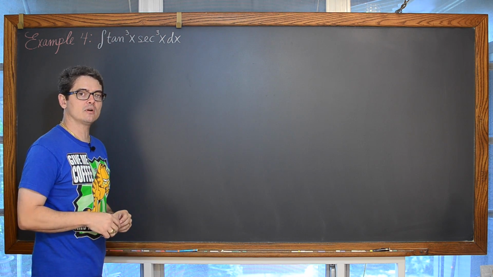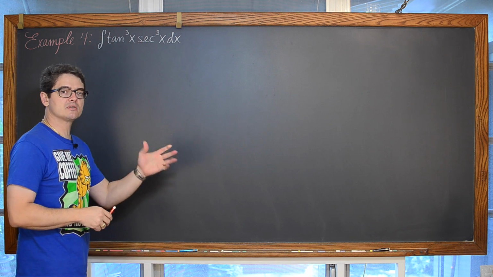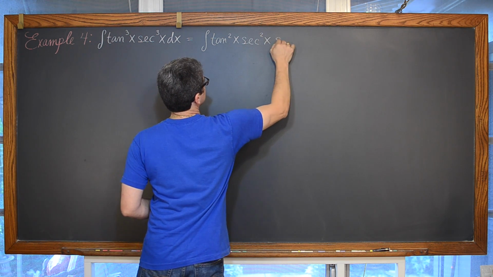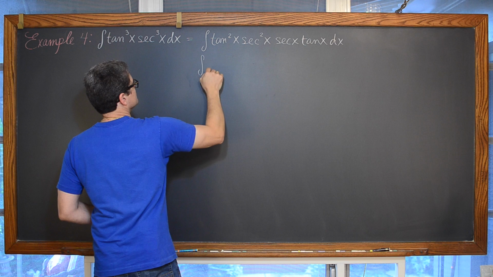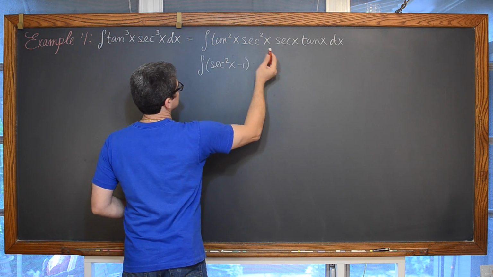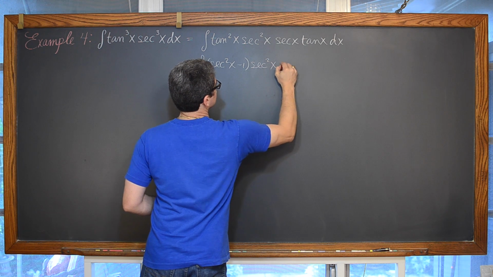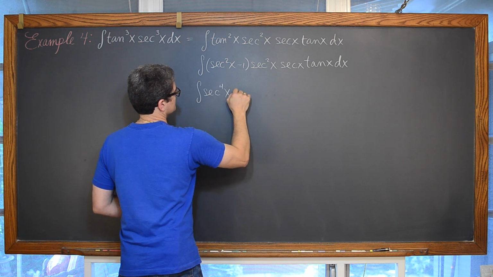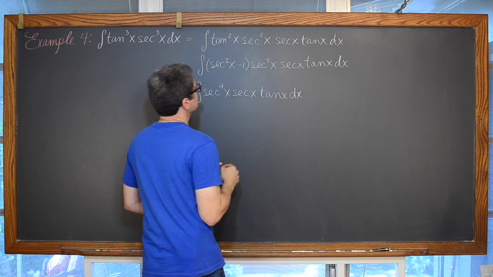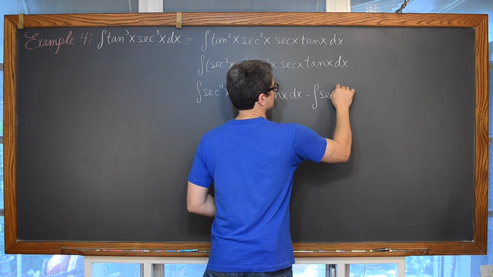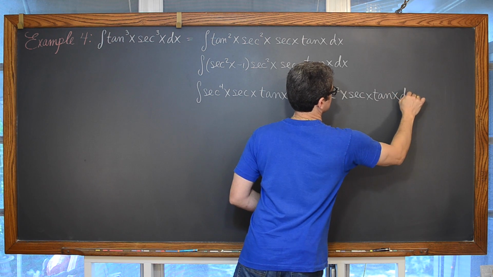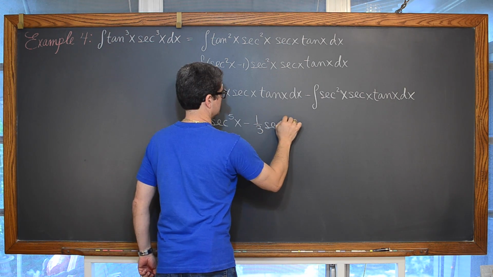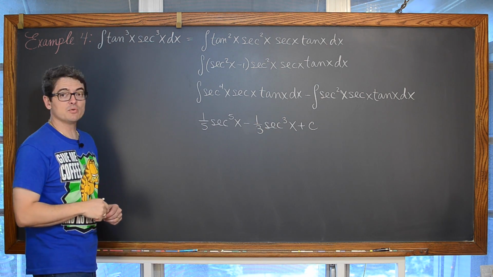So we're going to save that factor of secant of x, tangent of x, and put this into powers of secant. And that is all we have to do with that problem.